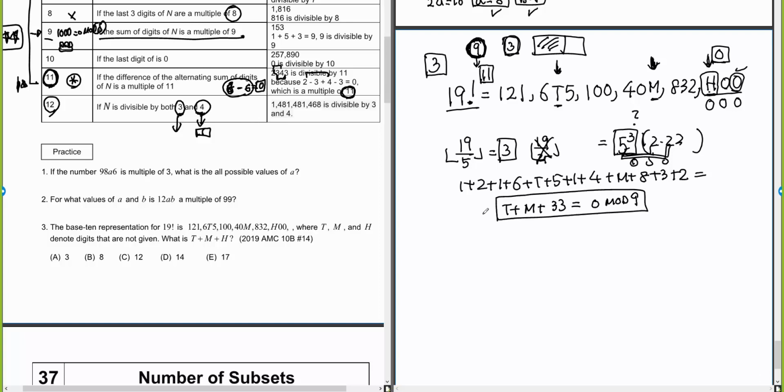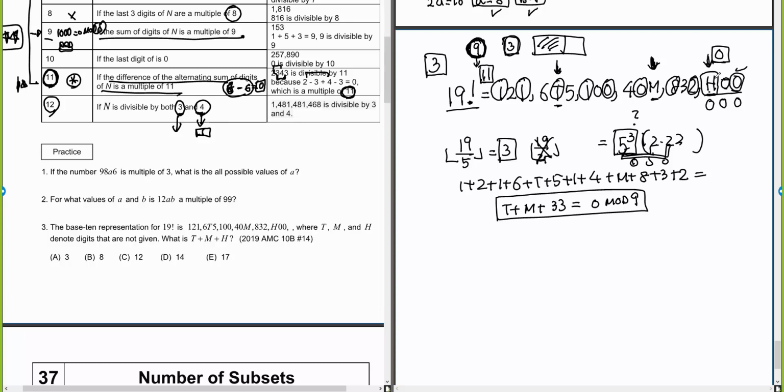The second one is divisibility by 11. Divisible by 11, what is that? Alternately, you're going to add all this one. 1 plus 1 plus t plus 1 plus 0 plus 0 plus 8 plus 2, or 0 nothing.